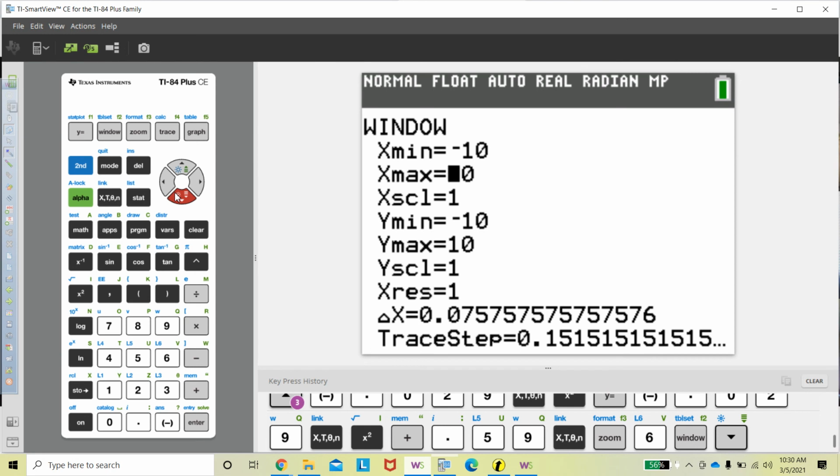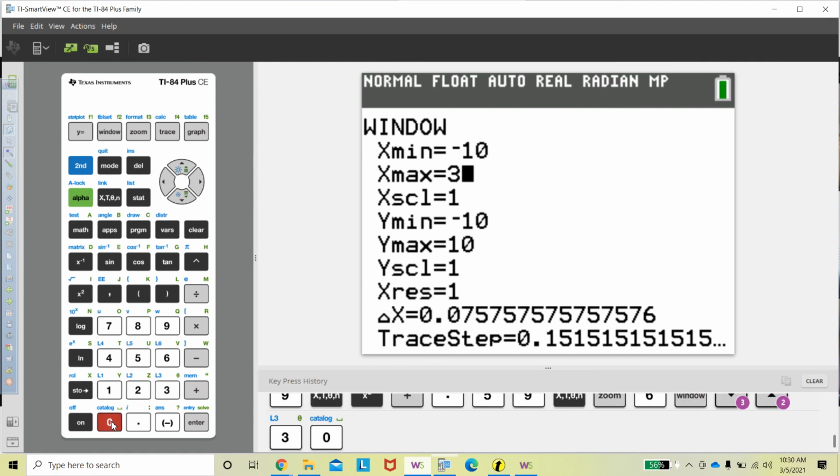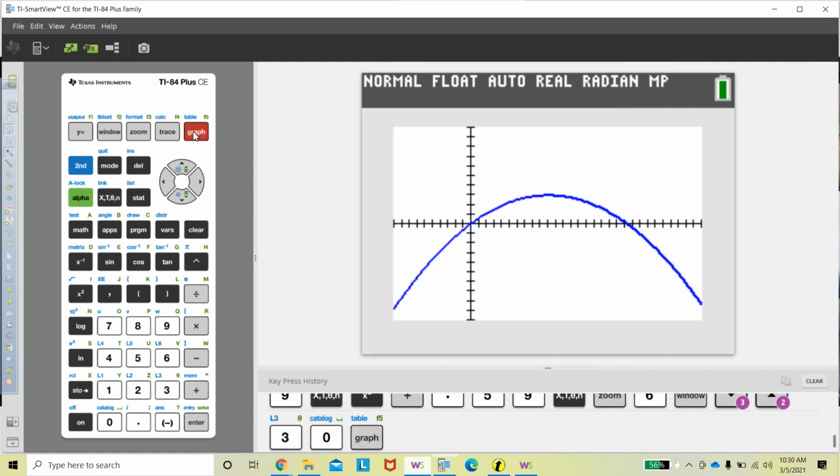The y-max is fine because I can see the top of the parabola. So if I increase my x-max to 30, then I can see the whole thing. This starts at 0 right here, and I want to know where it hits over here. So this is another calculator direction moment.